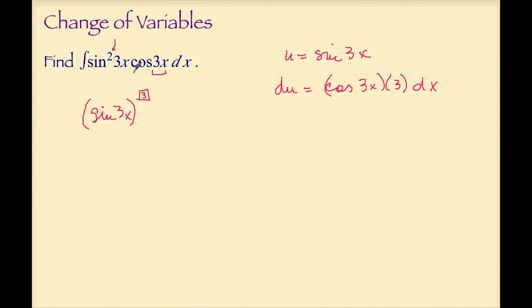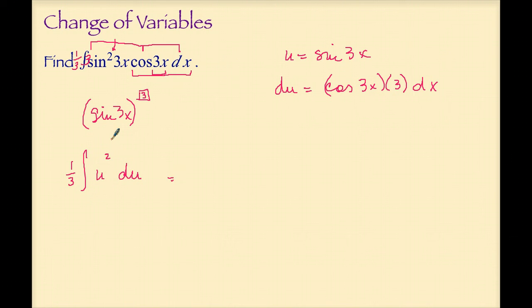Now notice that we have the cosine 3x dx part of the du, but we don't have the 3. So we are going to have to manipulate this integral a little bit by multiplying by 3 on the inside of the integral and then by the reciprocal 1/3 on the outside. Now the 3 along with the cosine 3x dx is the du of this function. And if we rewrite the integral using our expressions in terms of u, we end up with 1/3 u squared du.